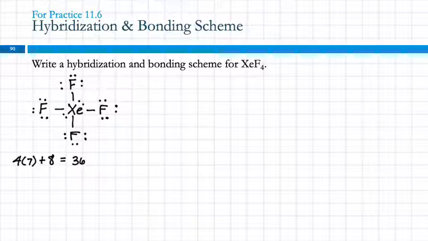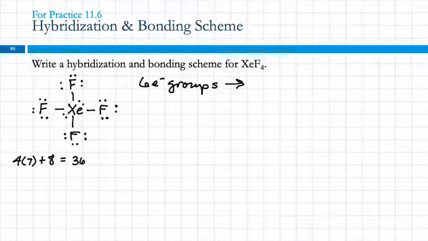So when I look at the xenon, how many groups of electrons does it have? 6 groups, right? So then my hybridization scheme is 1, 2, 3, 4, 5, 6, sp3d2, right? 6 electron groups.